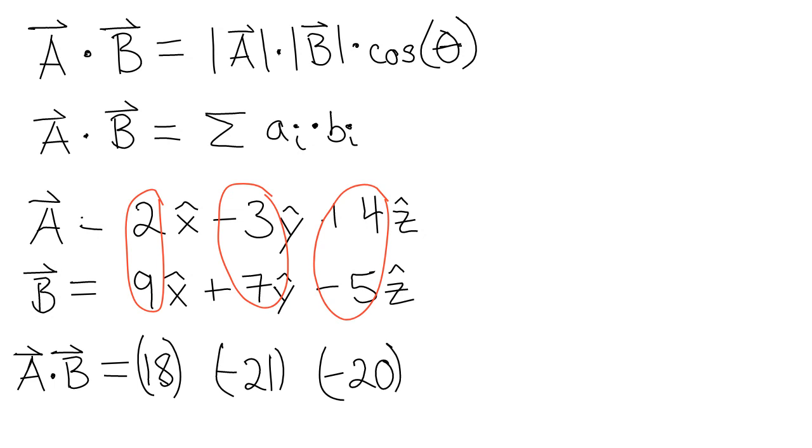And then you add them. 18 minus 21 is negative 3. Minus 20 is negative 23. And that's it. The dot product of A and B is negative 23.